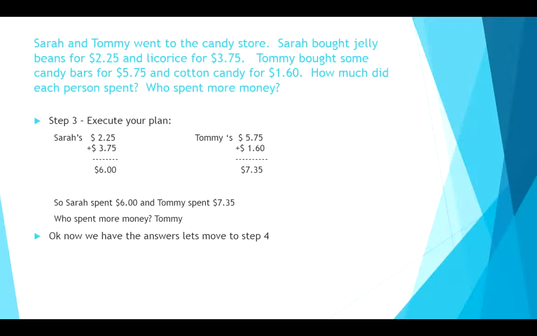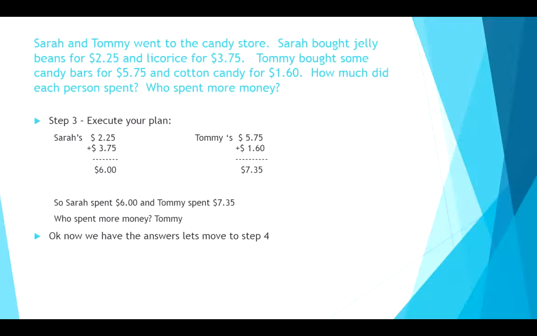Make sure your decimals line up, then that comes to $7.35. So Sarah spent $6 and Tommy spent $7.35. Who spent more? Tommy. Tommy spent $7.35, which is more than $6. Now we know the answers.